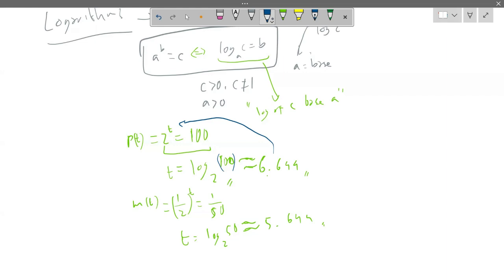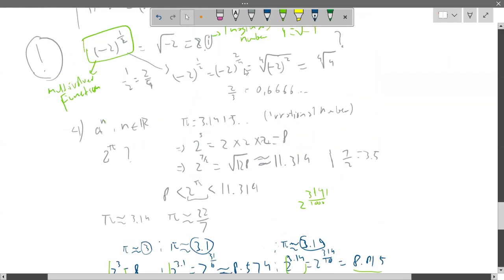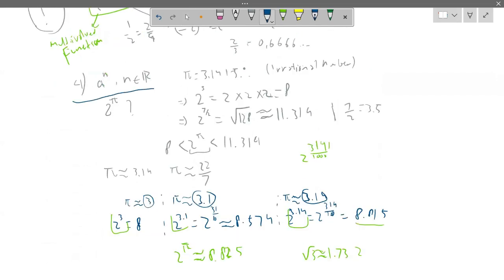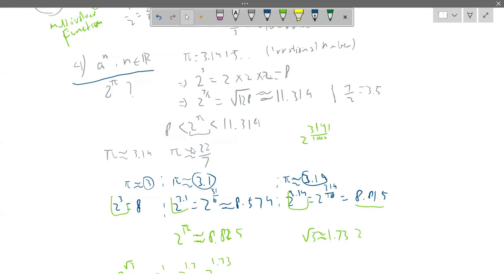And notice that this is almost certainly an irrational number, which we discussed earlier when we discussed exponentials with real powers. This is precisely what we're talking about. Sometimes you can find a power of 2 which gives a specific value that isn't necessarily a power of 2 in the integers. And that's how you do it.